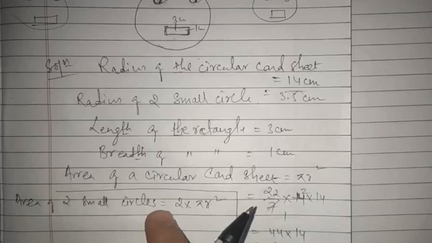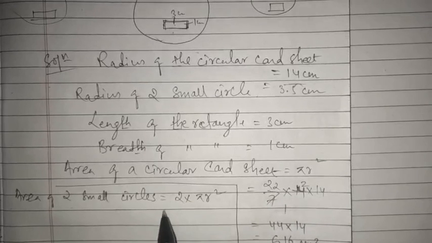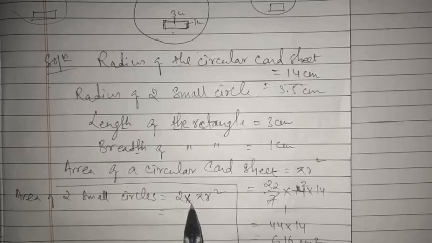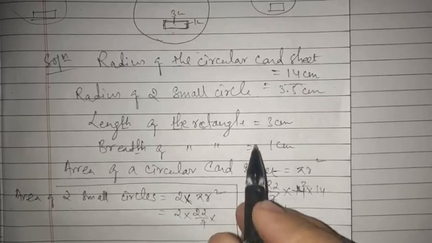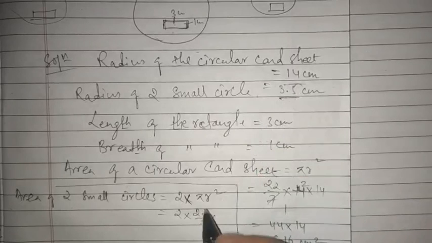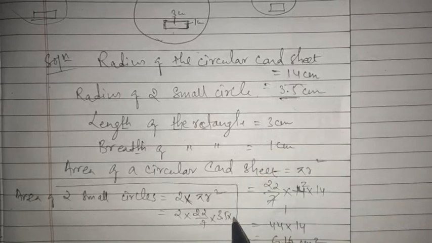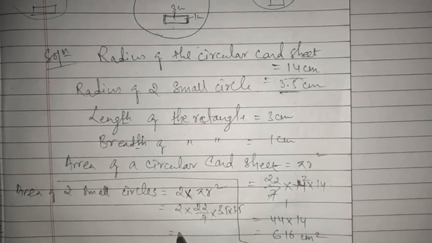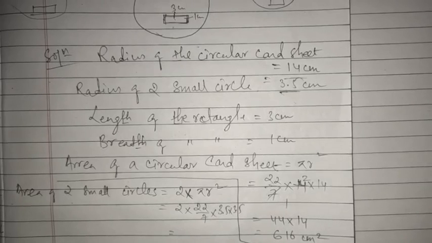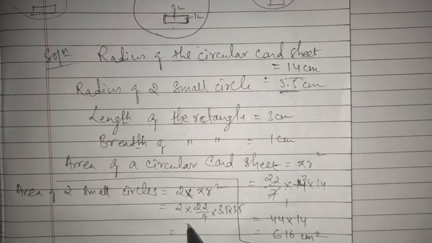So 2 into pi value is 22 by 7. R value given here, small circle, is 3.5. So 3.5 into 3.5. When you multiply this, you'll get the answer as 77 centimeter square.